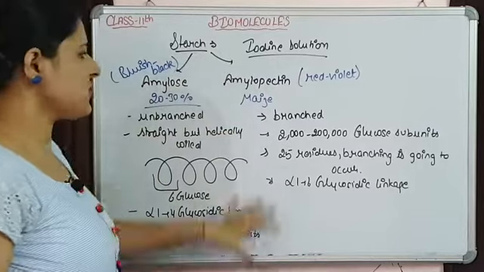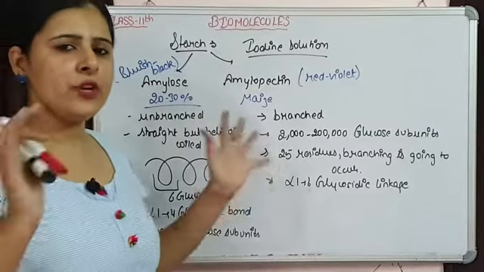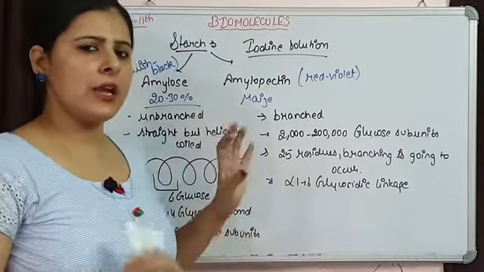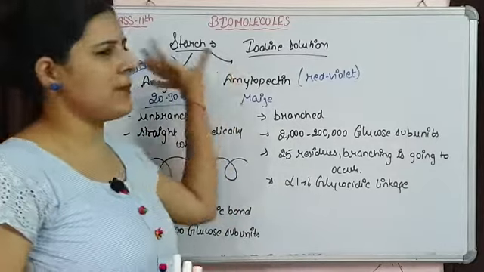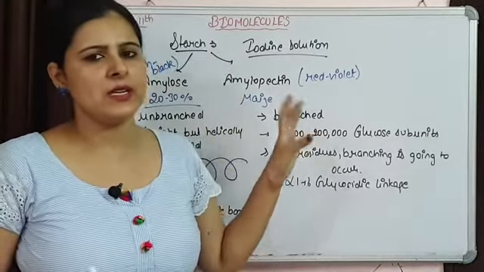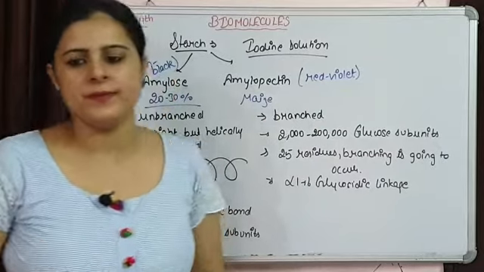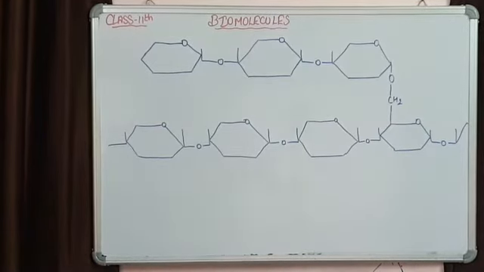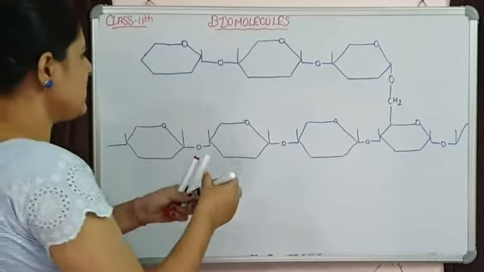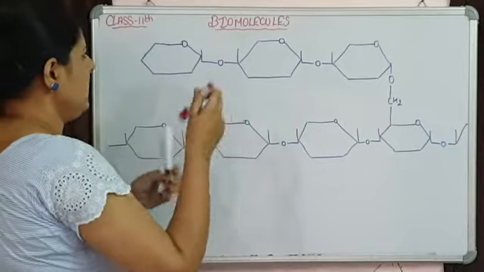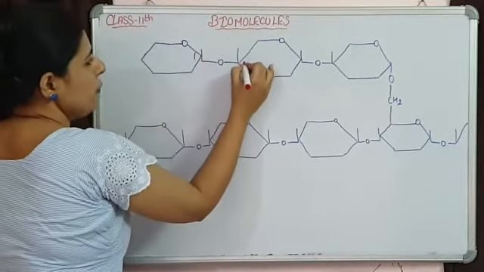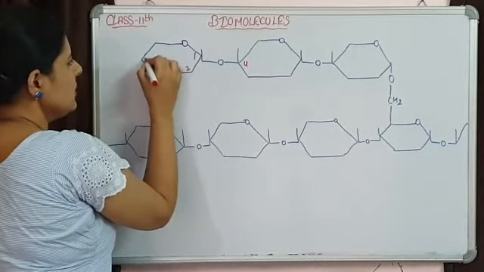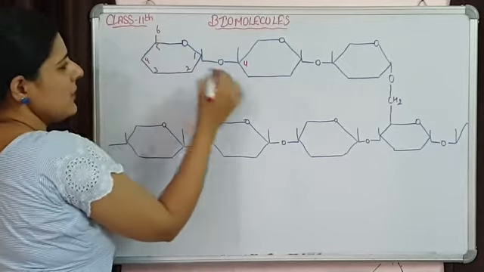Now let's see the structure of starch. And if we talk about glycogen, then glycogen also shows the same basic structure as that present in starch. This is how starch looks. This is the 1,4 linkage and the 6th carbon will be there.